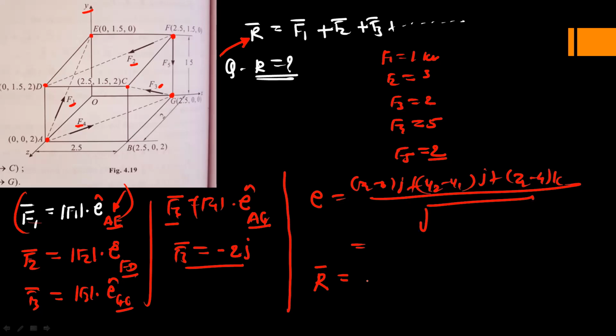So this resultant, it is 1.56 I. So the resultant R bar is equal to 1.56 I minus 0.2 J minus 0.45 K. Okay. So verify this answer whether you get the same vector or not.